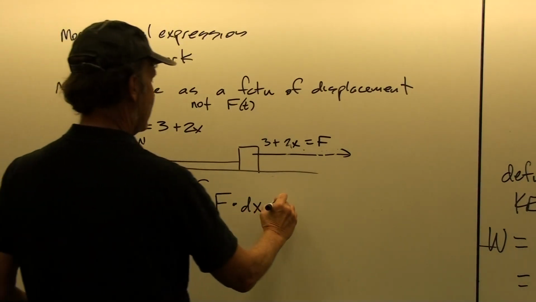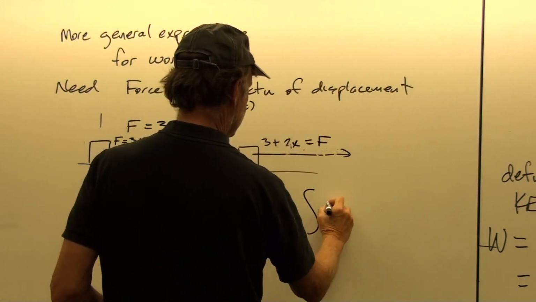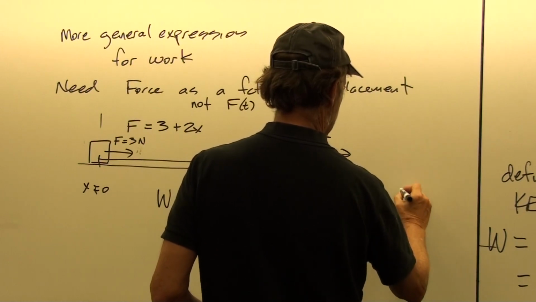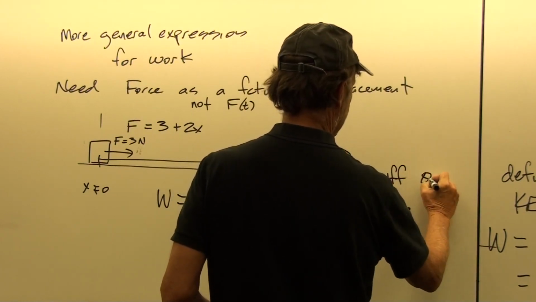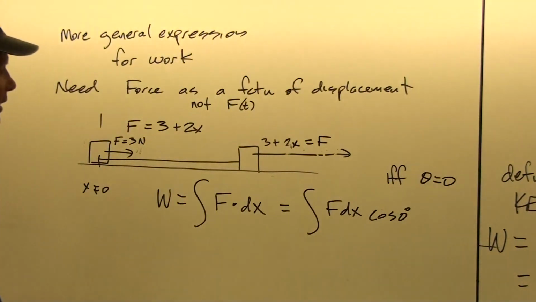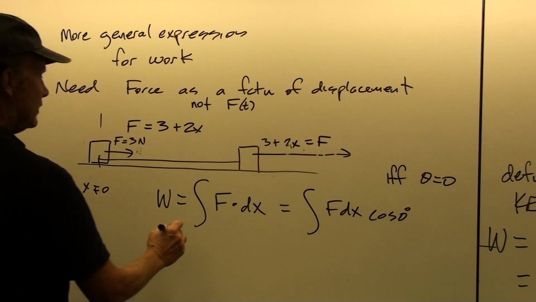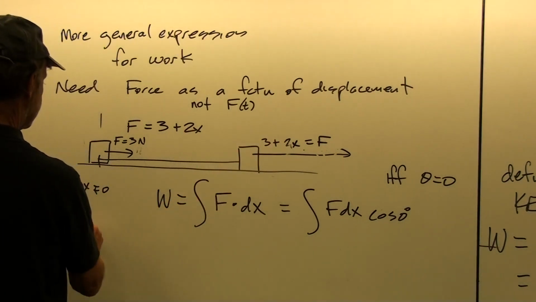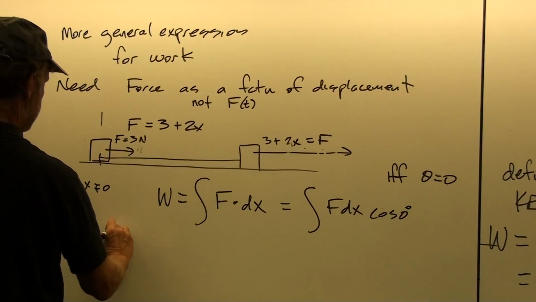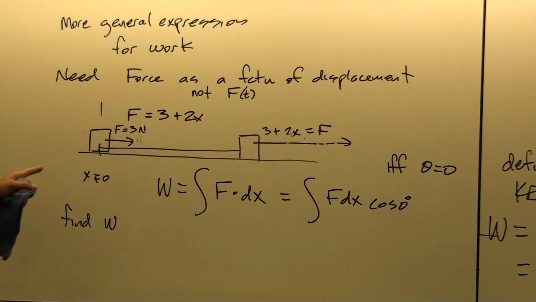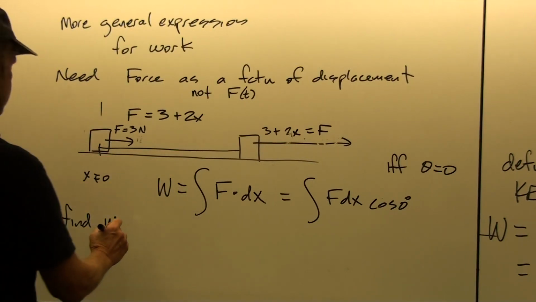Well, if theta is 0, this is just the integral of F dx times the cosine of 0, if, and only if, theta is equal to 0. But let's look at that. Or we could also equivalently be looking at the parallel component of the force in the direction of the displacement. So the work done would be a definite integral then. In this case, let's find the work done if the force acts from x equals 0 to x equals 1.